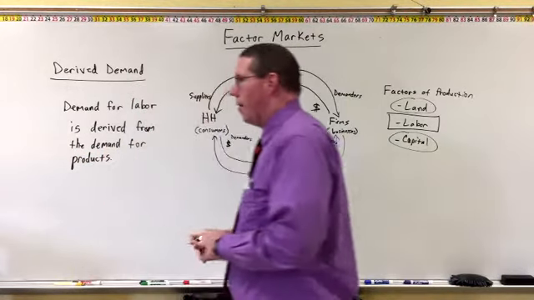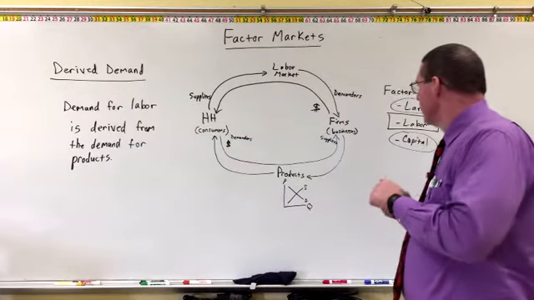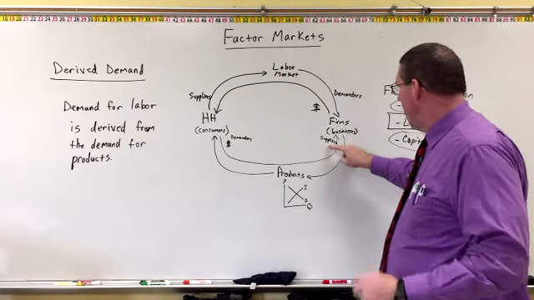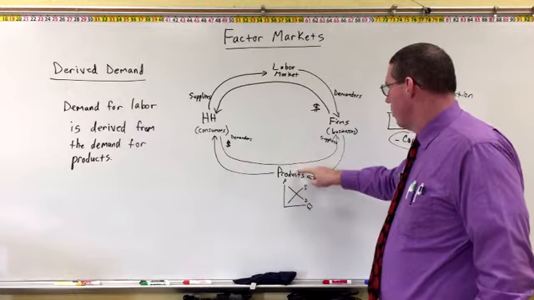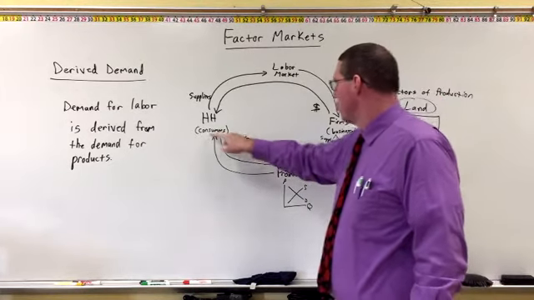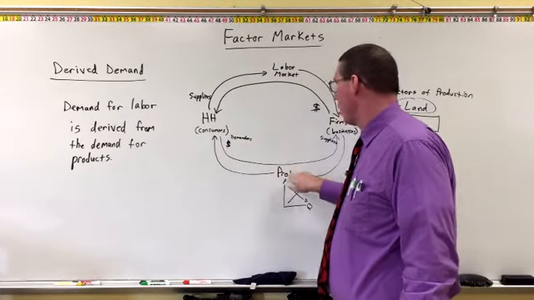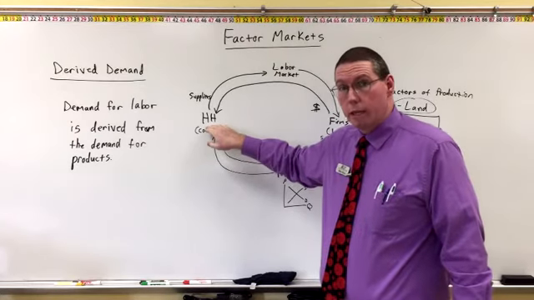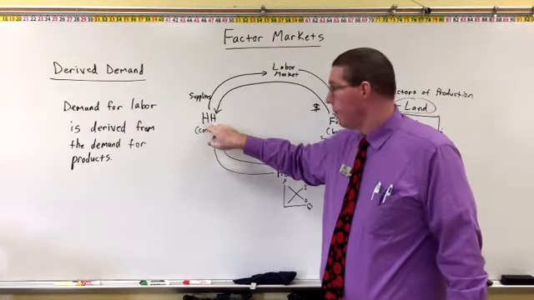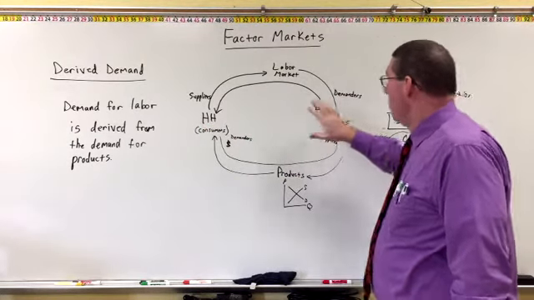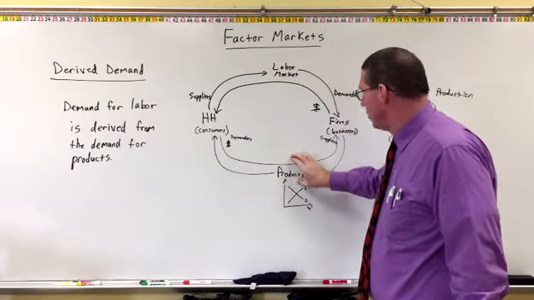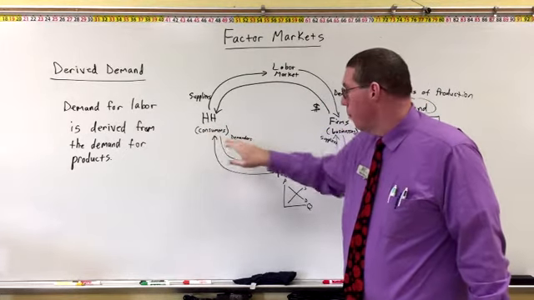And here's what I mean by that. Firms are suppliers of products which are then sold to consumers who are the demanders of those products. Why? Because the consumers want utility. They want to maximize their utility. The more of this product that the consumers want, the more that they demand.